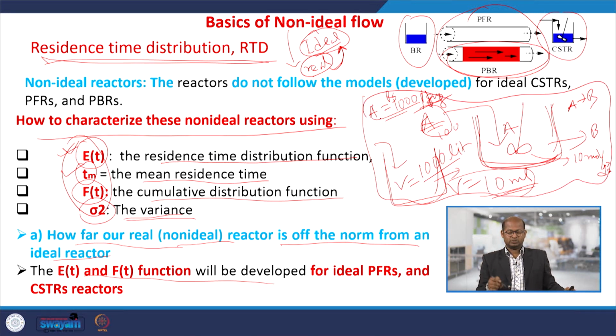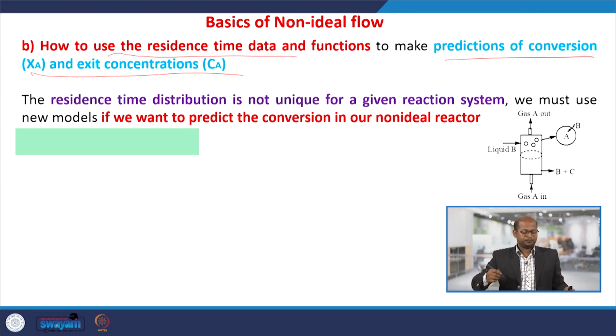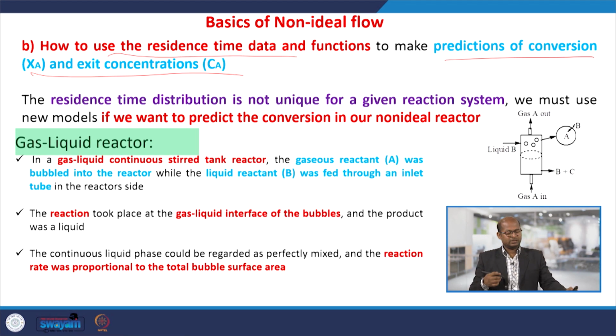So for reactors designed for industry, we still have to check that. This is the basic purpose of the RTD study, or residence time distribution study. Okay. So instead of reactant, we can use some inert materials, and by that we can check; we will discuss that later.